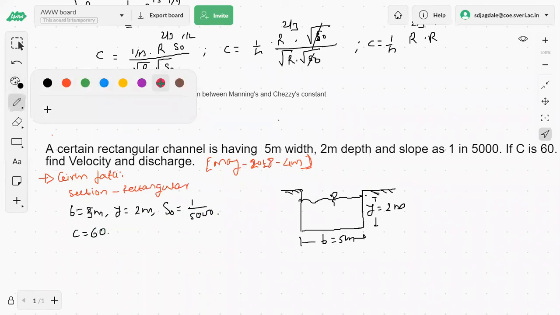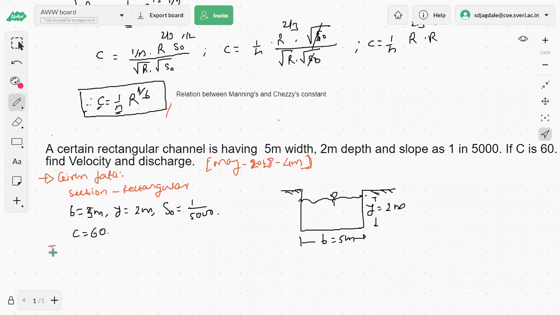Those parameters are given to us and they have asked to calculate the velocity of the water flowing through that and the discharge Q passing through that section.